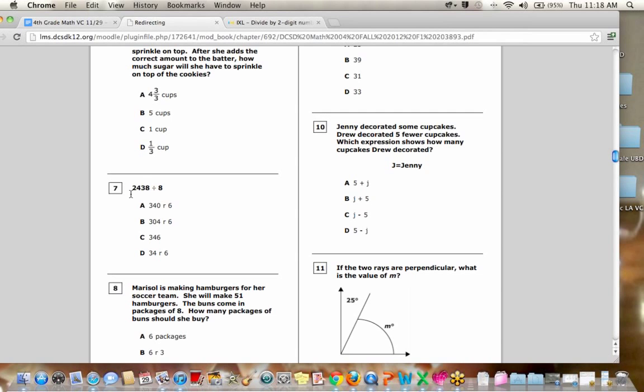Here we go, division problem. I want everybody to write this down. 2,438 divided by 8. I'm going to give you guys 2 minutes to do this on your own. Make 2,438 underneath the house.